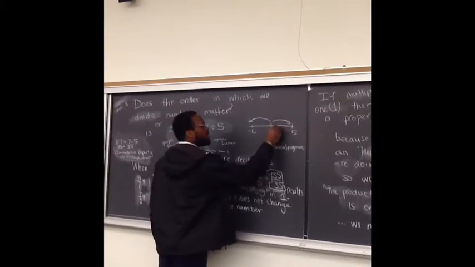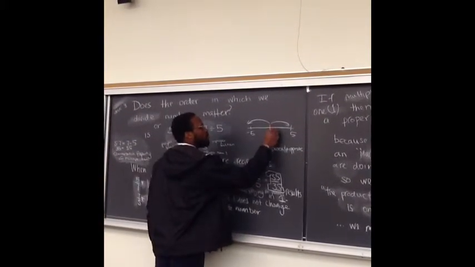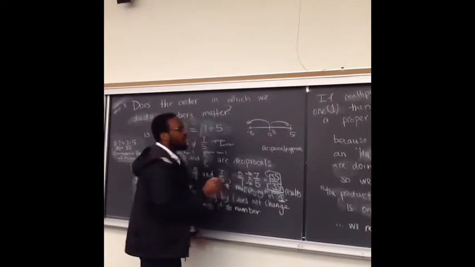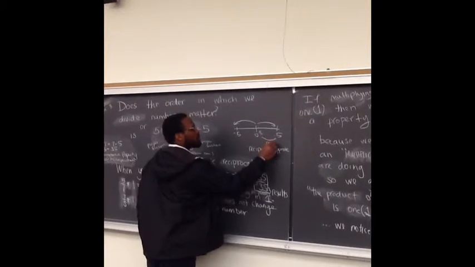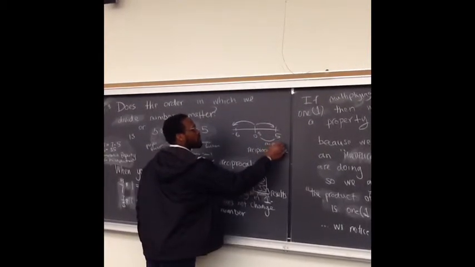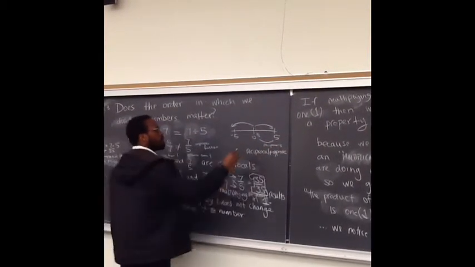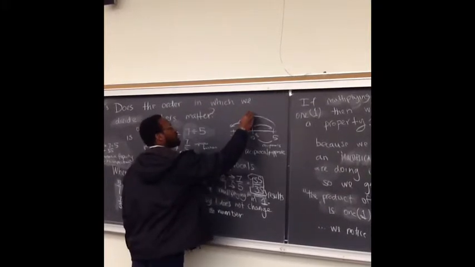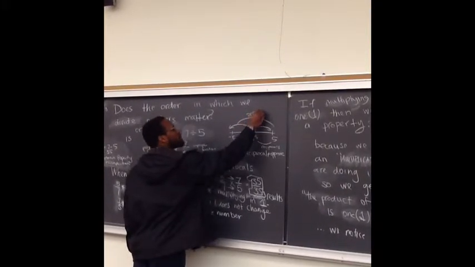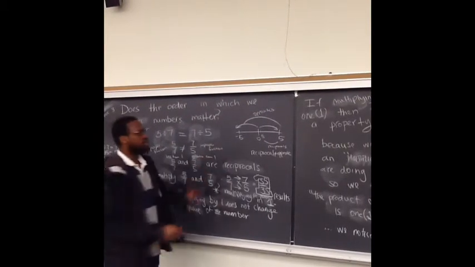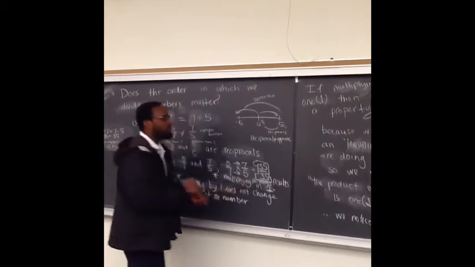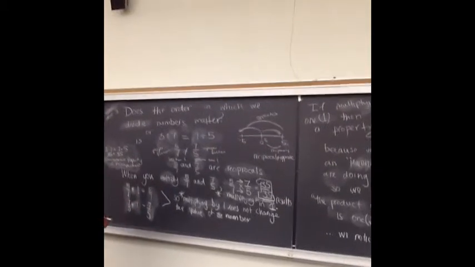Reciprocals, 5 and 1/5, are actually on the same end of 0. So these are reciprocals. But these are opposites. Opposites are on opposite ends of 0. Reciprocals are when you flip a fraction, so they are not the same.